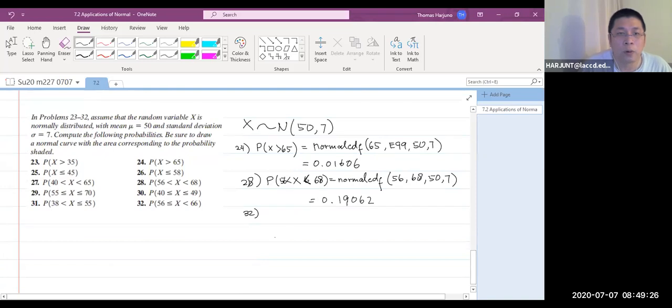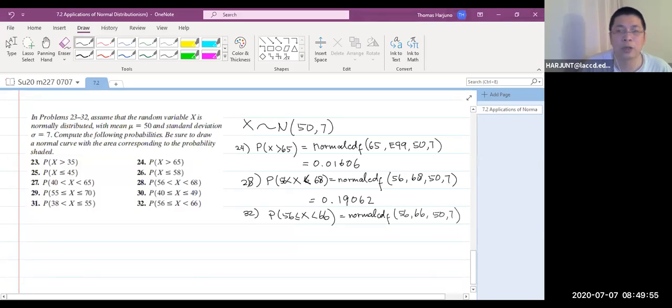And for number 32, probability that the random variable is between 56 to 66. That is normal CDF 56, 66, 57.